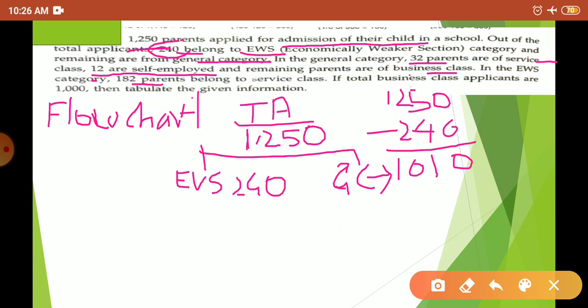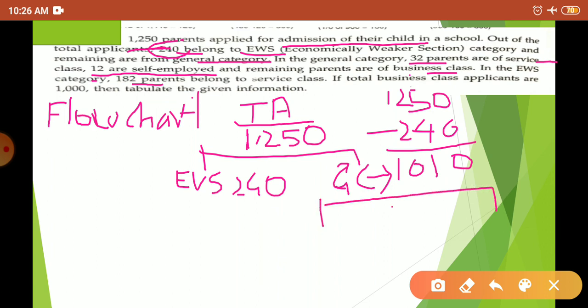Now further it is given that out of total applicants, 240 belong to EWS and the rest to general category. In general category, 32 belong to service class. So we are talking about the general category.